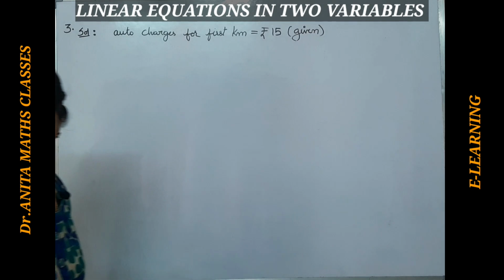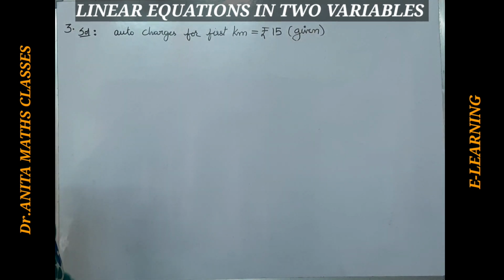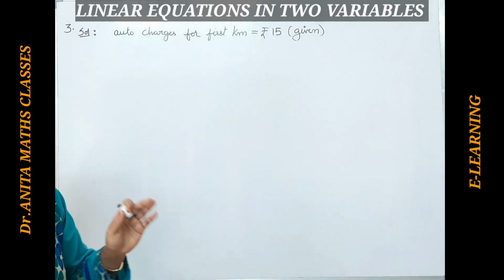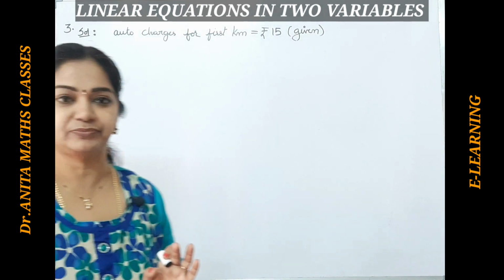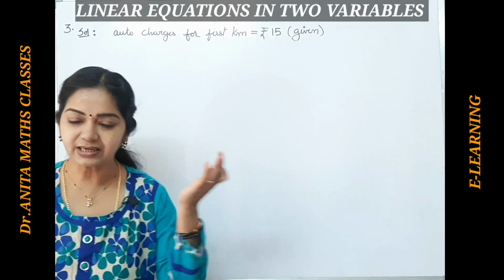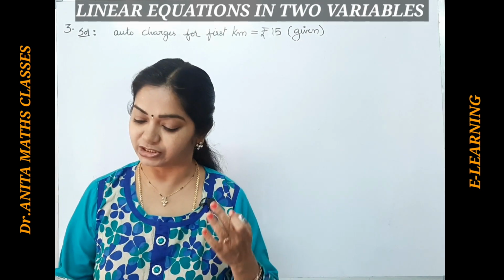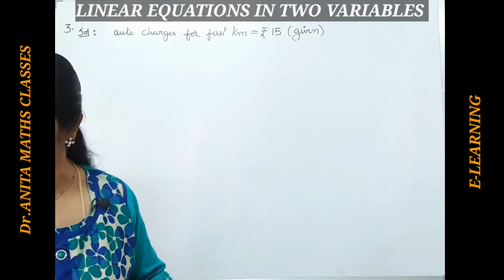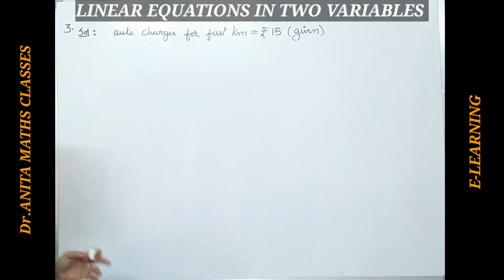Given data. Now, it is also given that for each subsequent kilometer, for a distance of x, an amount of y is paid. Here the variables x and y are also mentioned, and for a distance of x kilometers, the distance traveled should be x.